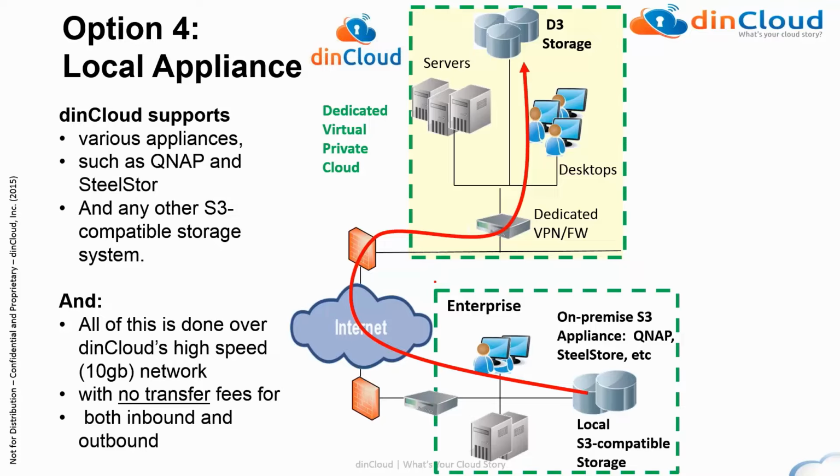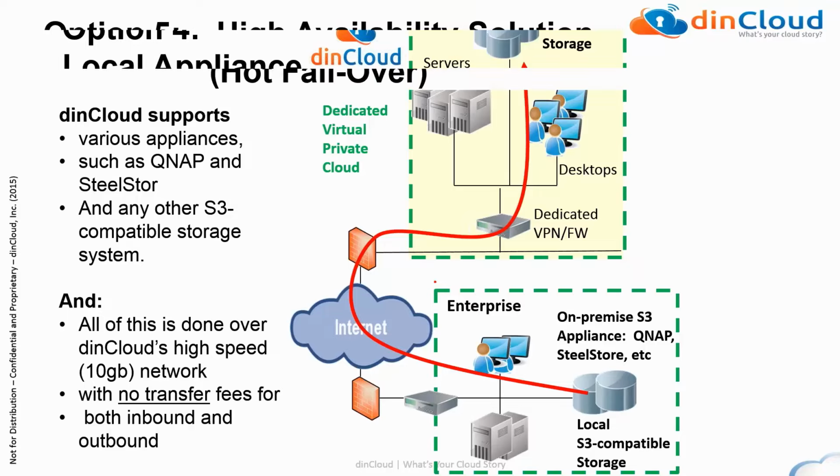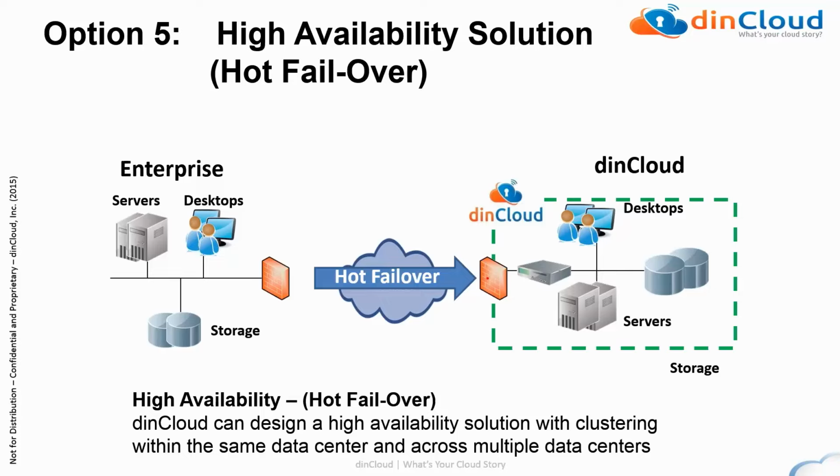That's a good tie into the next thing, the other S3 compatible products. Versus other S3 compatible products, you can use QNAP, SteelStore. These are 100% compatible with S3 object-oriented protocols, which we support today. This allows you to instantly create an iSCSI target where you can connect your data and replicate your data.